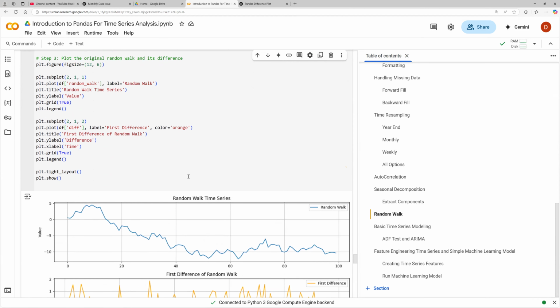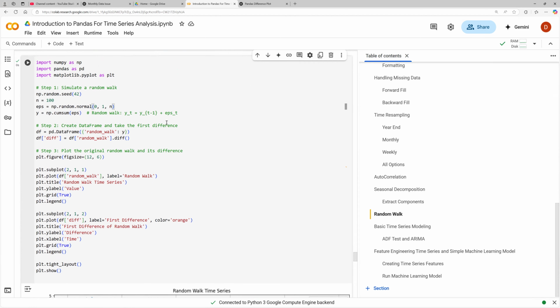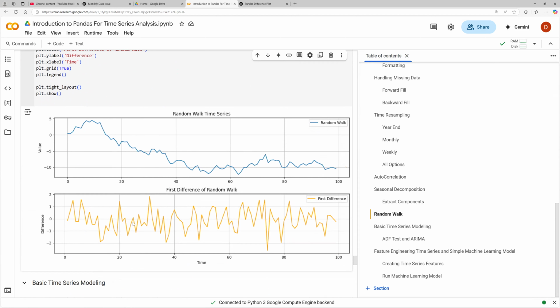And again, I make the point of differencing data. Okay, this .diff here. Because a lot of the models that we have assume some type of normality. So that's the first difference of a random walk. And obviously the random walk pattern, we could see that it's downward trending, but if we were to simulate this and run it multiple times, it could be going up.